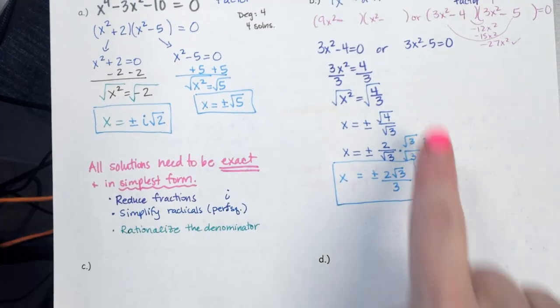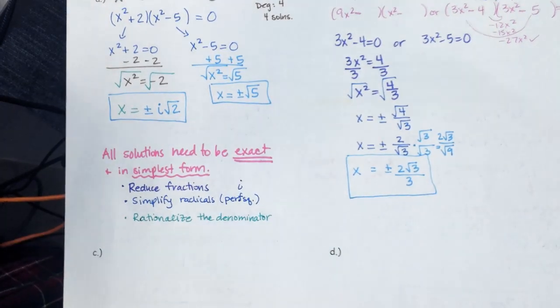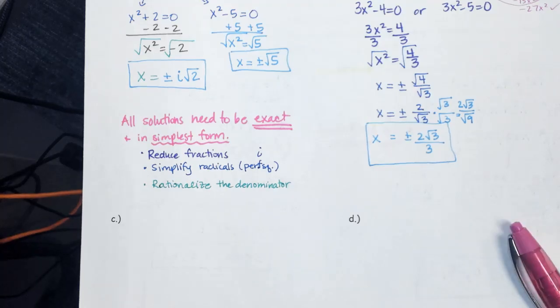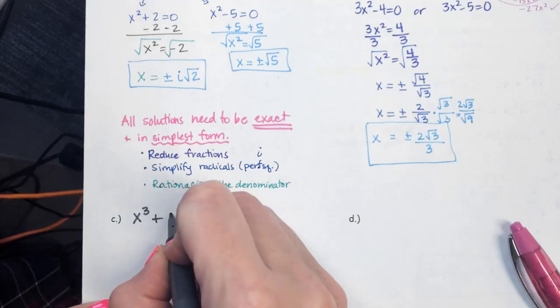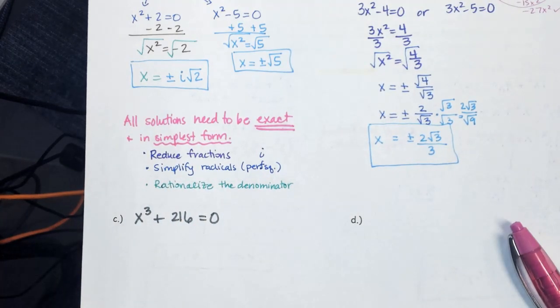Okay, so based on that, I want you to try part B. And then I'll come around and check that. If you want to start thinking about part C, you can, if you're done with that one.